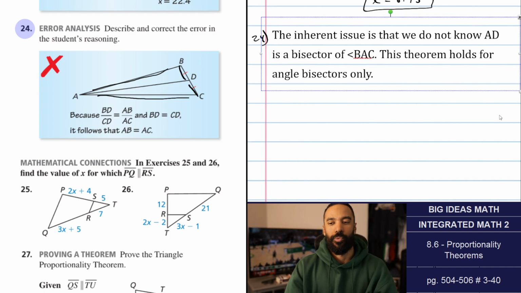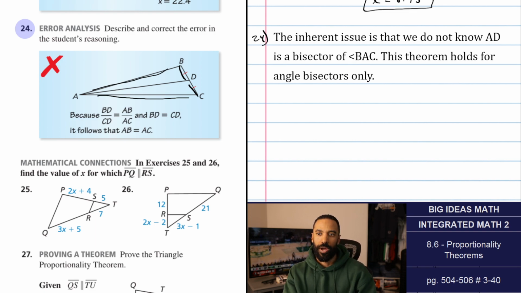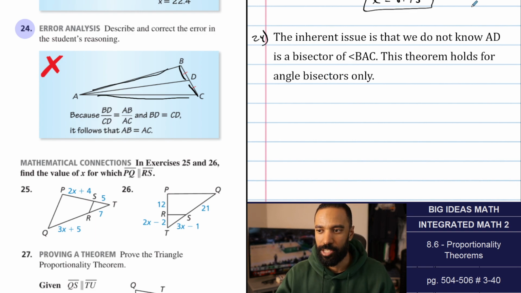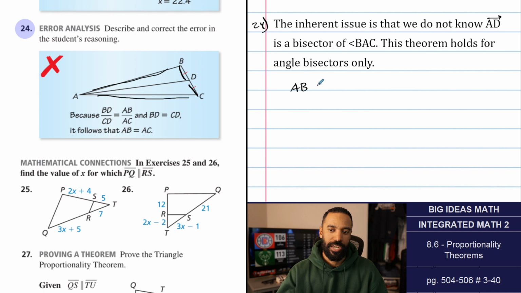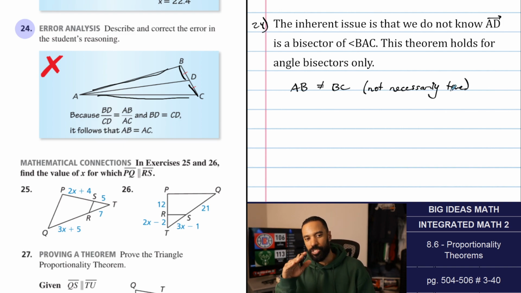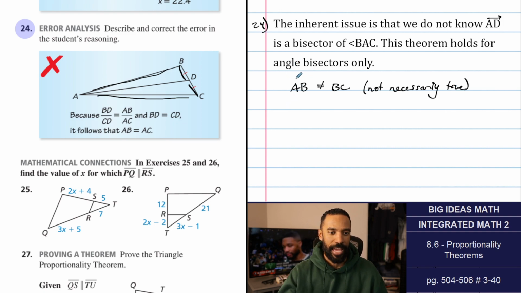So when it says correct it, I can't necessarily correct what it is that we're talking about in this case because we don't have an angle bisector. AB is not equal to AC, or at least not necessarily true. So I guess it was incorrect for me to even state that BD over CD equals AB over AC.